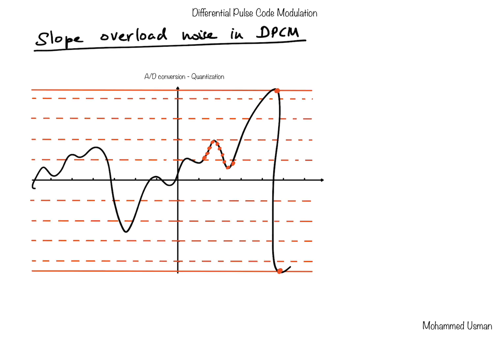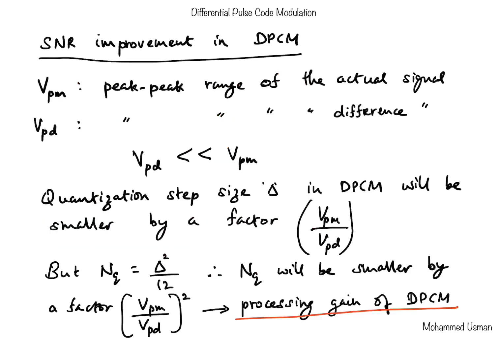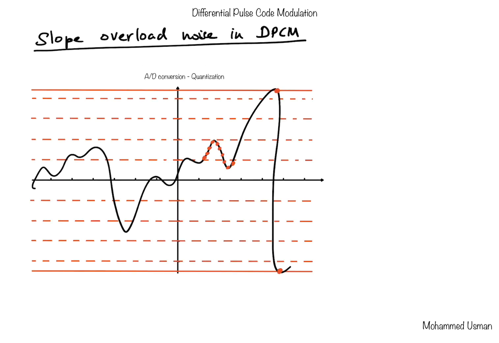And once the peak-to-peak range, that is VPD, increases, the gain we get in using DPCM would become smaller. So VPD will not be significantly smaller than VPM if the predictor is not able to accurately predict the sample, and that could happen when the signal has a sharp transition from the highest value to the lowest value, or vice versa.